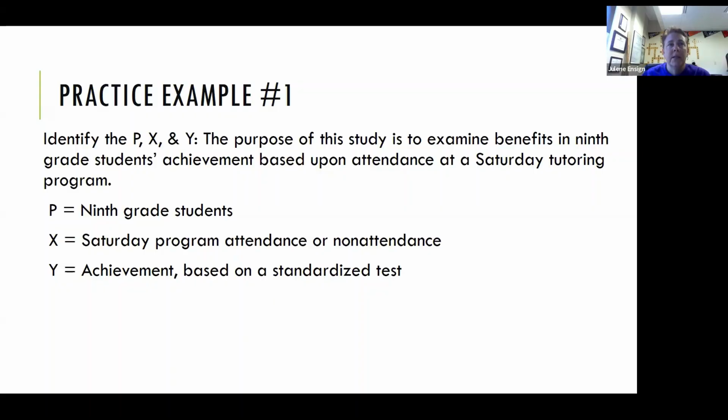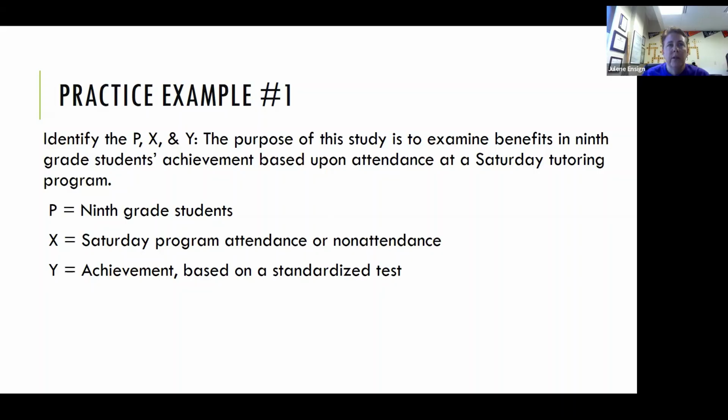For a practice example, we're going to identify P as a participant, X as one of the variables, and Y as one of the variables. You should be able to tell by reading this: the purpose of this study is to examine benefits in 9th grade students' achievement based on attendance at a Saturday tutoring program. We want to know who the participants are. In this case, it's 9th grade students.